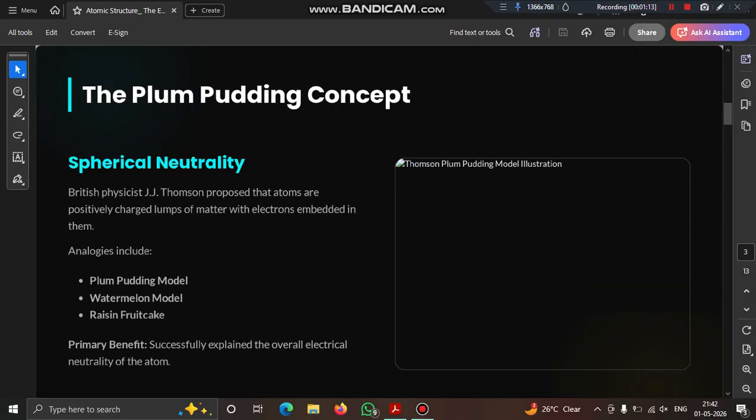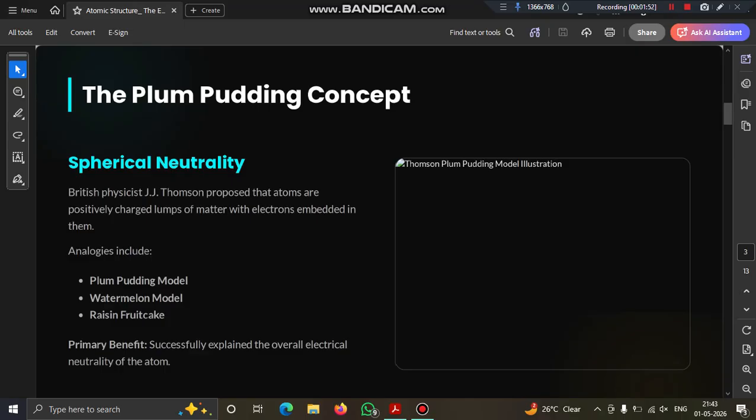Here you see the plum pudding model concept. Why is it called the plum pudding model, and why is it known as the watermelon model? We will see here. Spherical neutrality: British physicist J.J. Thomson proposed that atoms are positively charged lumps of matter, with electrons embedded in them.